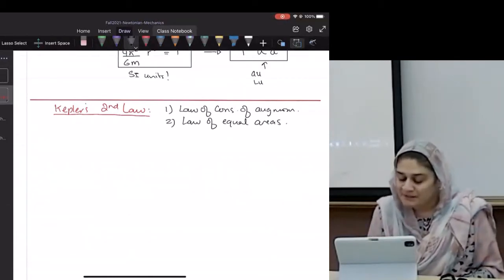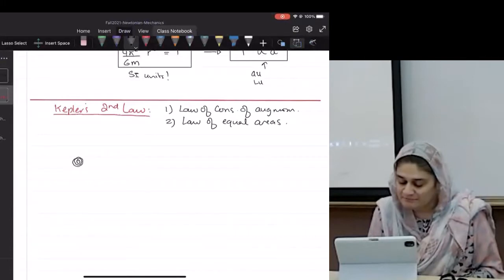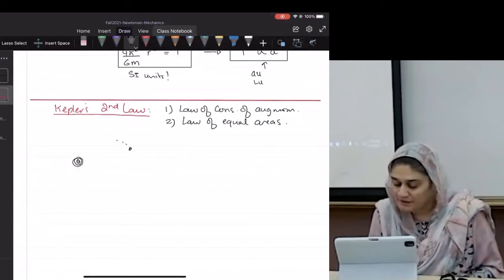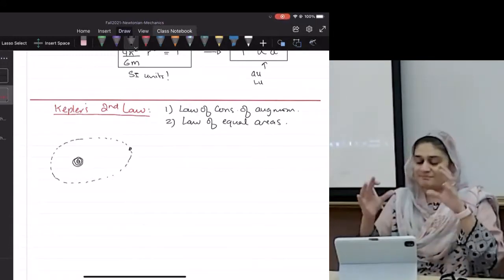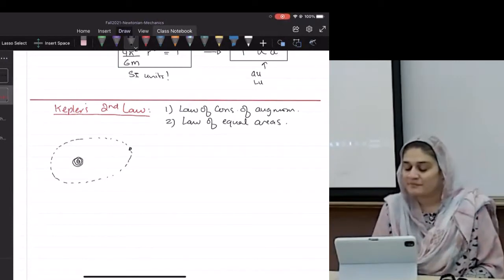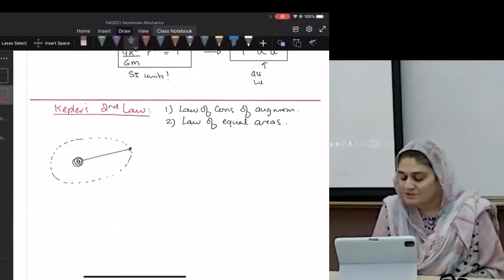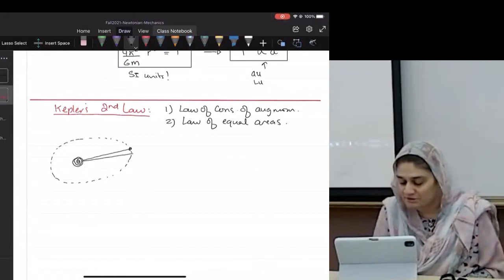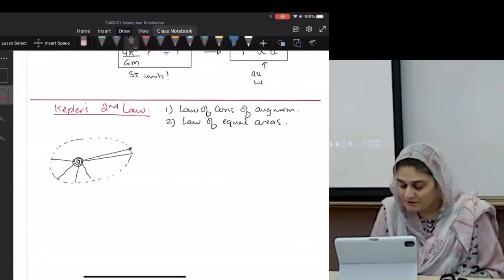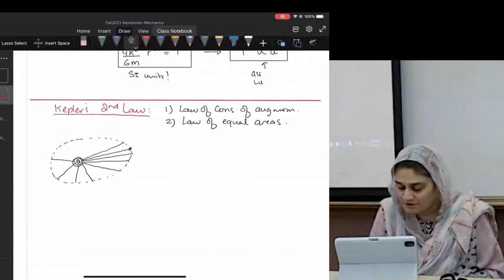What does that mean? That means if there is a sun here and there is a planet here, I'm drawing it out of scale just to show you what it looks like. When you take the areas as this planet goes around the sun, you will see that the closer this is to the star, the larger the speed.